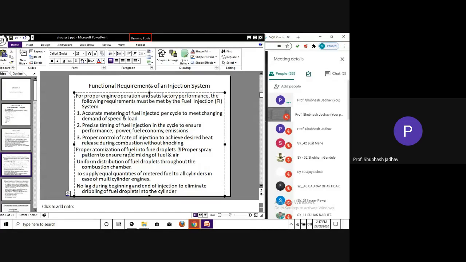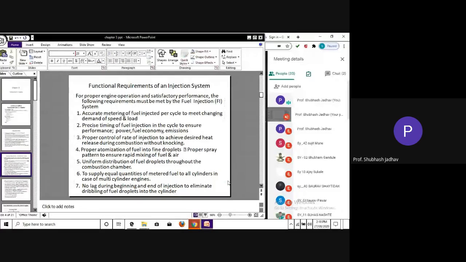The next point is the proper control of the rate of injection to achieve a desired heat release pattern. What this heat release pattern is, we will be discussing further. That is basically at what time we want what amount of heat inside the combustion chamber. So that particular pattern at which the amount of heat is required inside the combustion chamber for conversion into work is what we mean by heat release pattern.